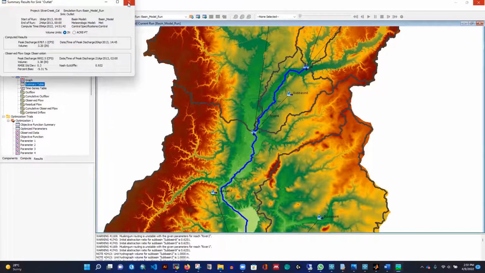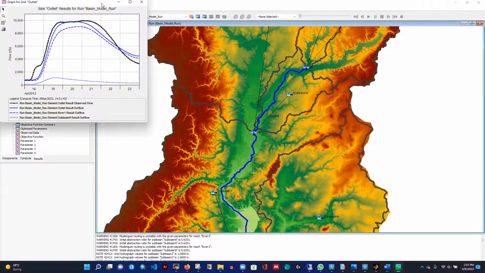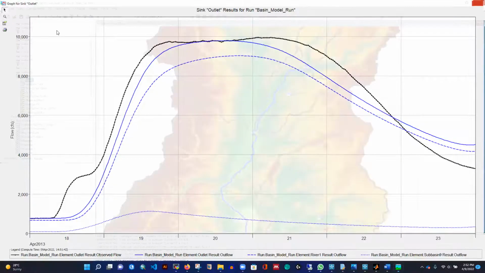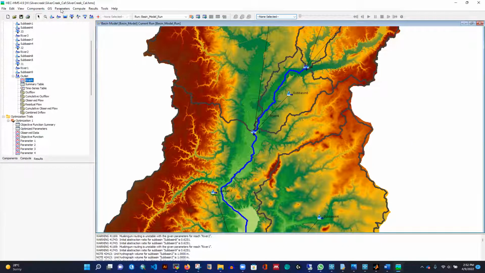So 932. And let's investigate further what we have to do. I think we are done with this one. Other than capturing this peak, we can even match these two, right? We can reduce this gap. So we can use our time of concentration to do that.